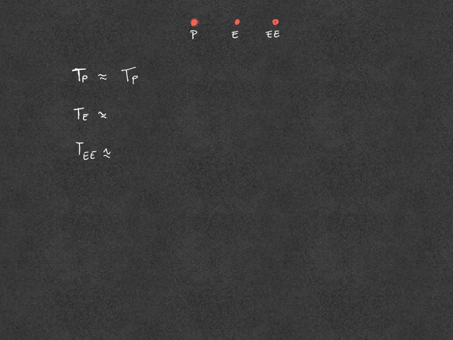What doesn't seem so trivial is when I say T is approximately Tp and TE is approximately Tp. This is a very, very, very rough approximation. That's why this third order Taylor expansion is completely insufficient.